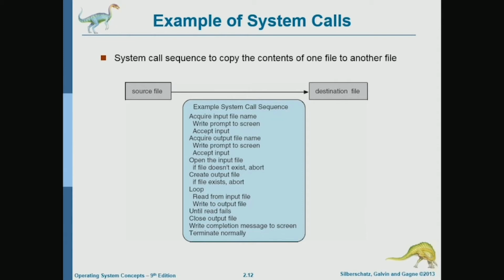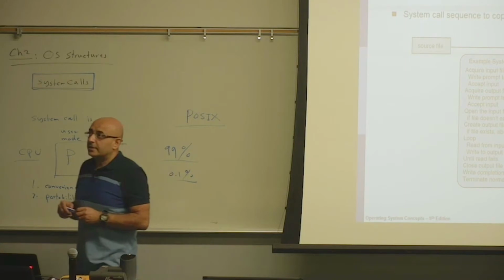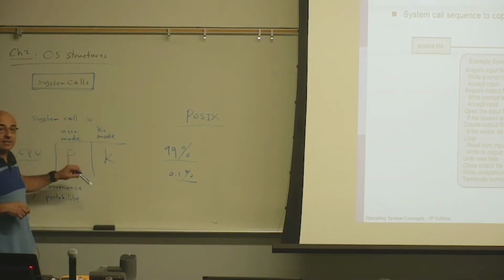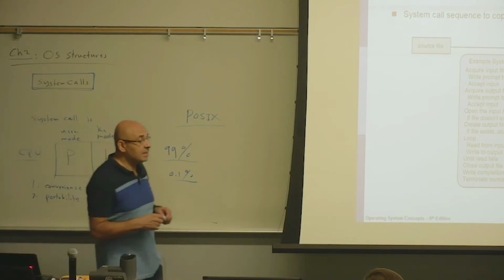And think of all of these changes on the CPU. Whenever the application is requesting a service from the operating system, the operating system is running on the CPU, and we are switching mode, and all of this is happening behind the scenes.